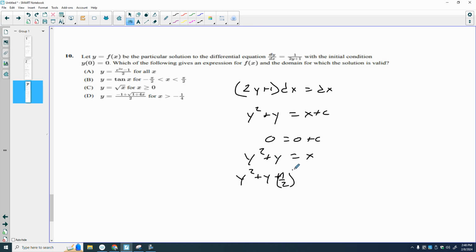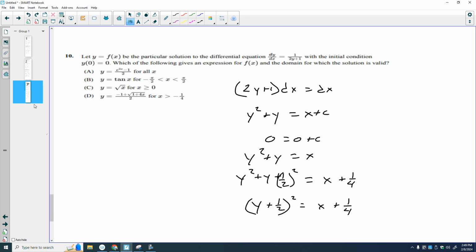Add a fourth. Wow. So to this side, I'm going to add a fourth, right? Adding this number divided by 2 and squared. So this becomes y plus 1/2 squared equals x plus 1/4.